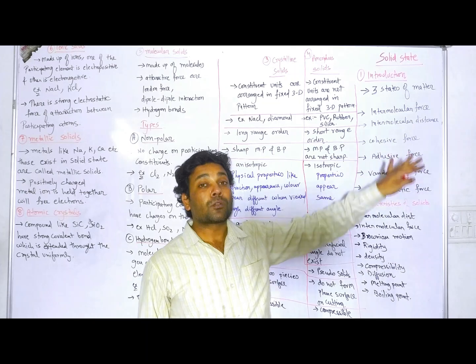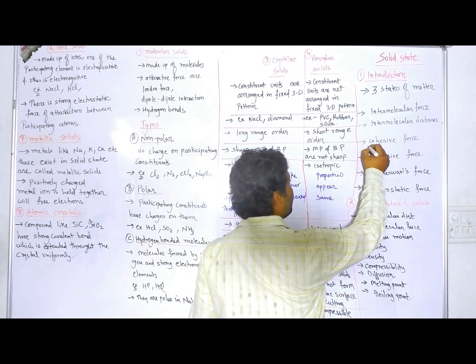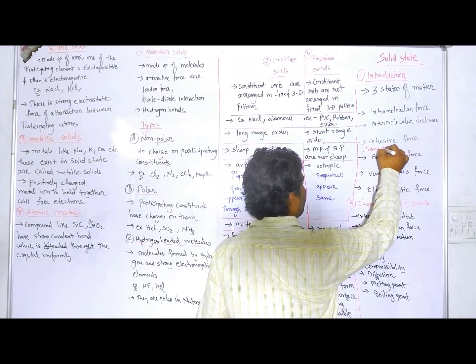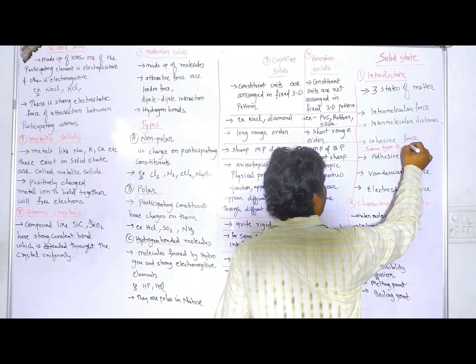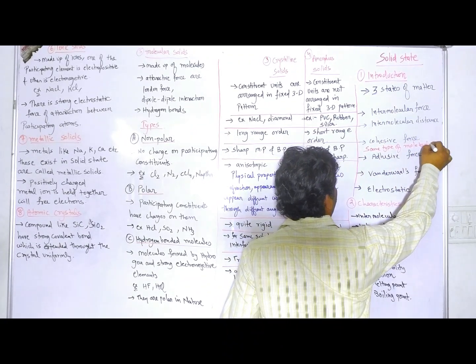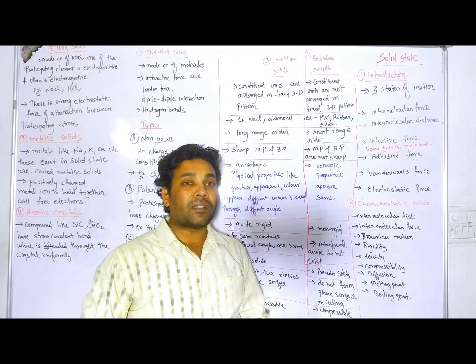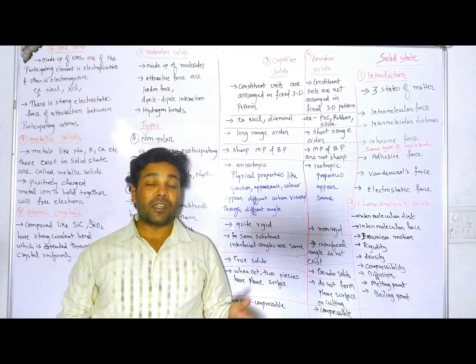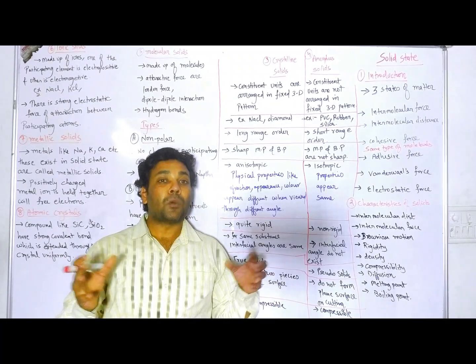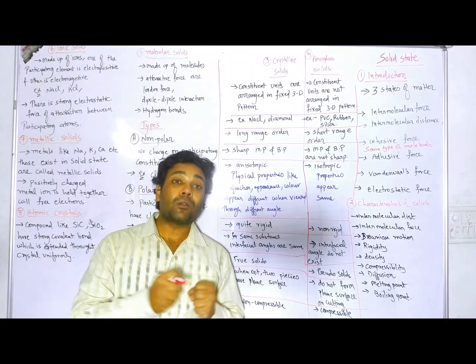Cohesive force is a force between the same type of particles or same type of molecules, right? When you say water is placed in a beaker or in a container, the molecules of the water are bound to one another by some type of force.